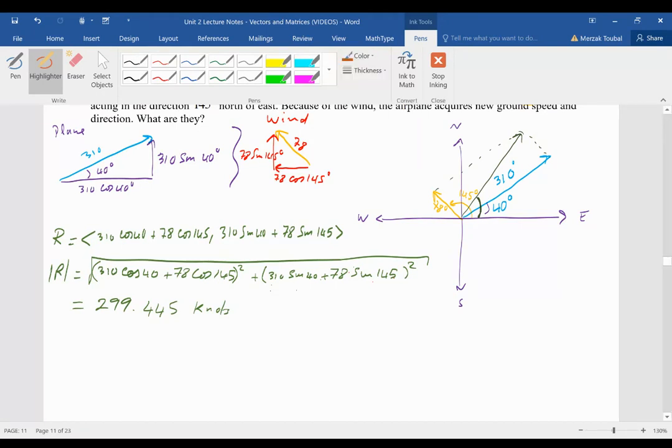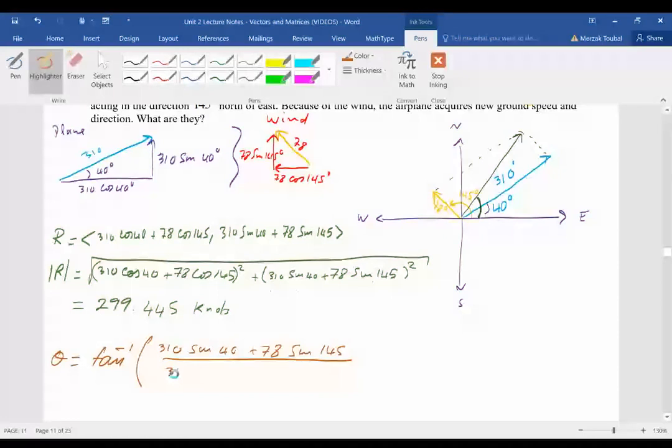Okay, so theta is tangent inverse of the ratio of the y component, which is 310 sine 40 degrees plus 78 sine 145, all divided by 310 cosine of 40 plus 78 cosine of 145. Let me just verify that this is all entered correctly. Yes, that looks good. All right, now let's put it in the calculator.